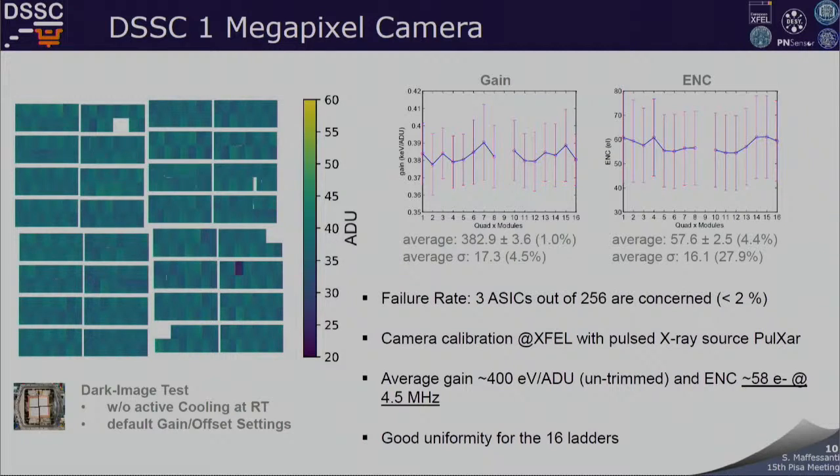And we can see that we have a good uniformity along the 16 modules. And we achieved an untrimmed gain of about 400 eV per ADU in the standard configuration with a noise of about 58 electrons RMS, and also with a dispersion of 1% and 4.5% respectively.